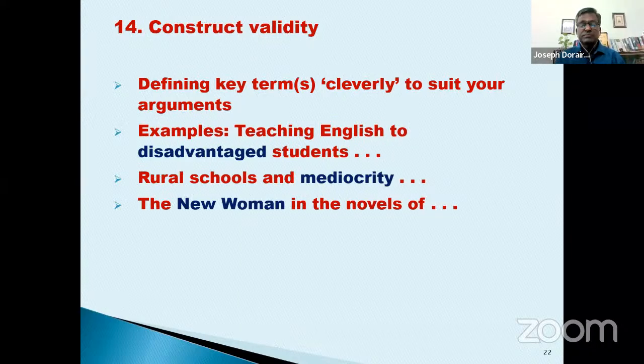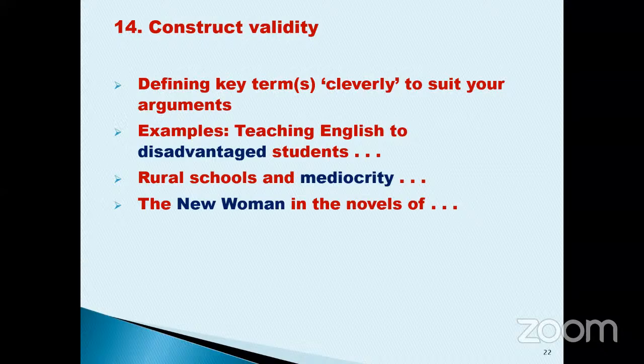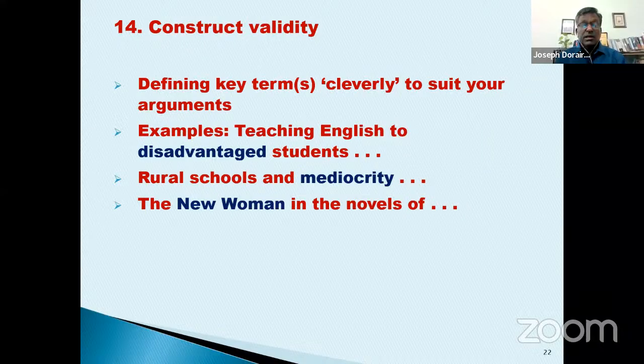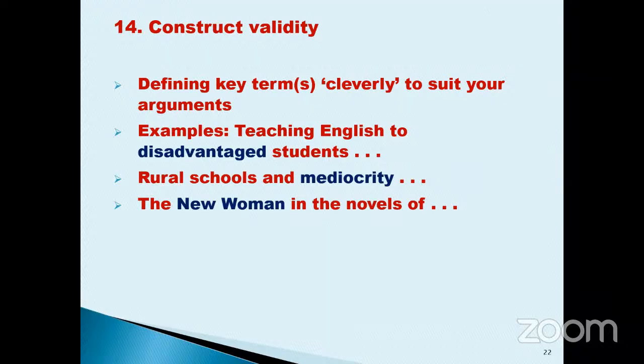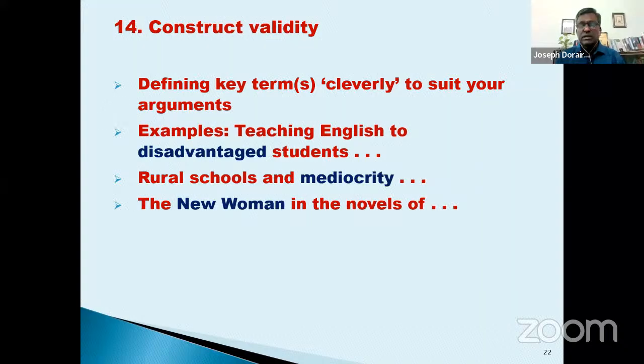The point is this, please listen carefully: in order to get acceptable, publishable results, you define key terms in your own way. You do not go by standard or acceptable definitions. For instance, all of us would agree that 35 or 40% and below would be a sign of mediocrity.